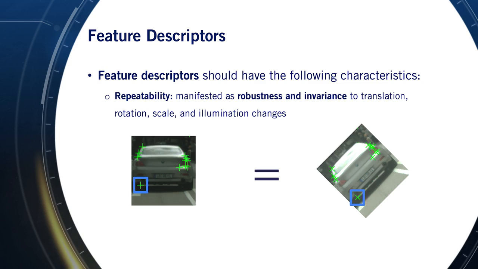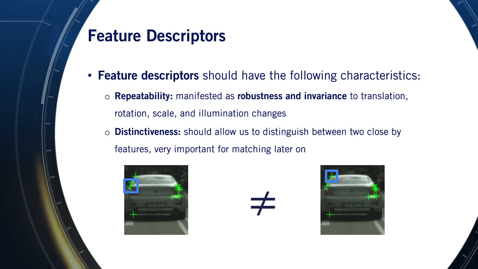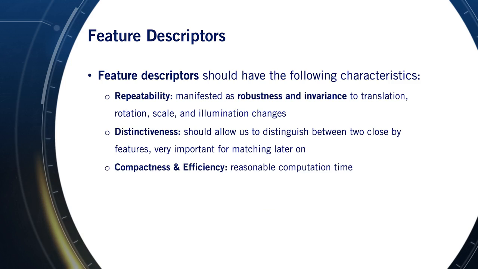This invariance to transformations is one of the most researched topics when it comes to descriptor design, and a large amount of work has been done to provide descriptors that are invariant to scale, illumination, and other variables in image formation. The second important characteristic of a feature descriptor is distinctiveness. Two nearby features should not have similar descriptors, as this will confuse our feature matching process later on. Finally, descriptors should be compact and efficient to compute. This is because we will usually require matching to be performed in real time for autonomous driving applications.